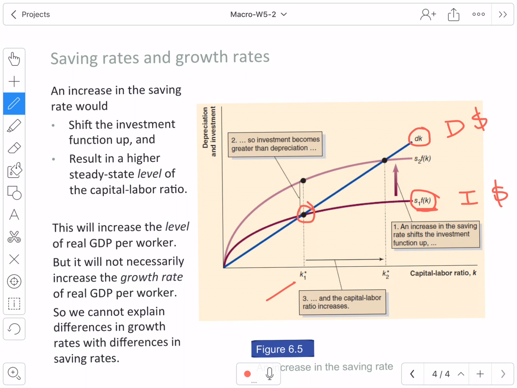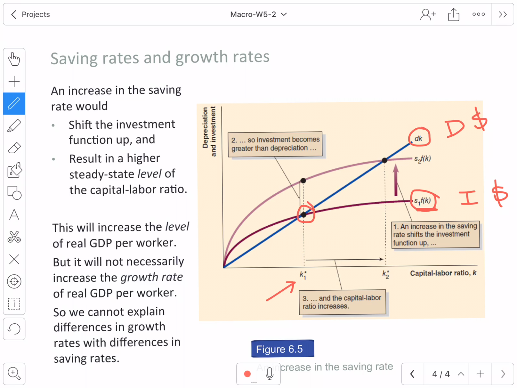So you reach a certain level in dollars for the capital labor ratio. From this point onwards in this chapter, which is chapter 6 of your textbook, we're going to challenge the graph. Change things in the graph, change variables in your model and see how the graph is going to change.